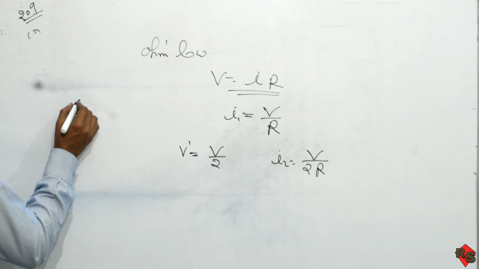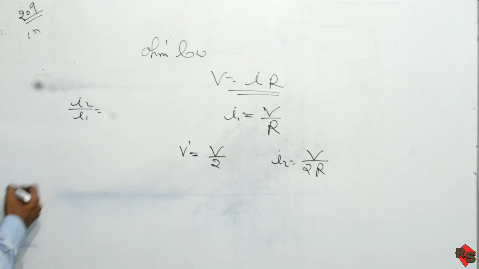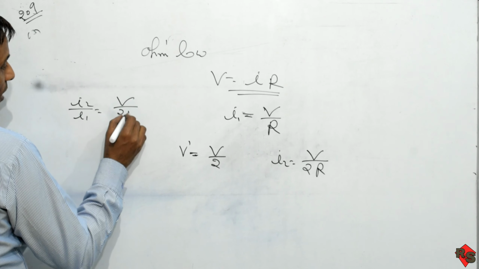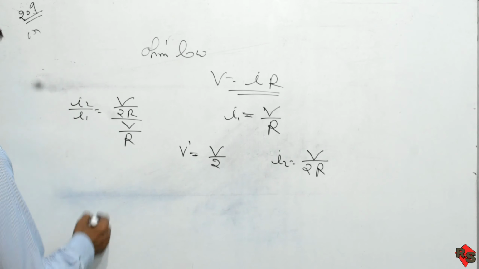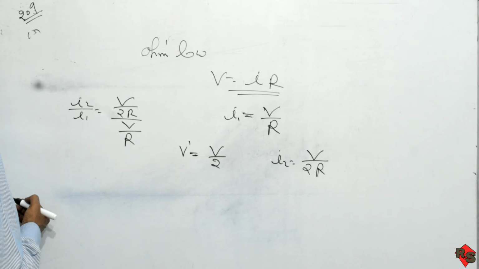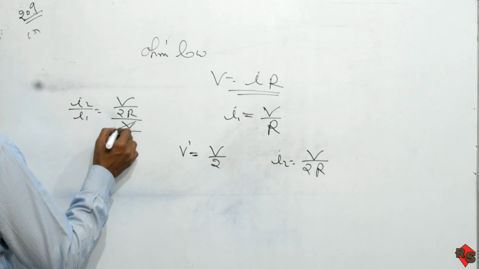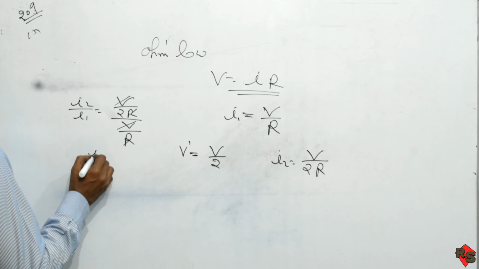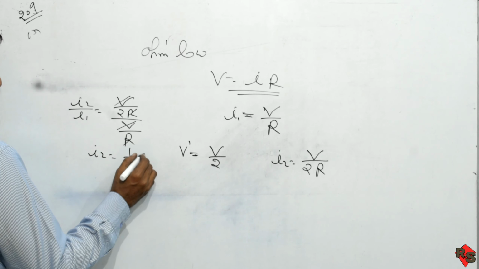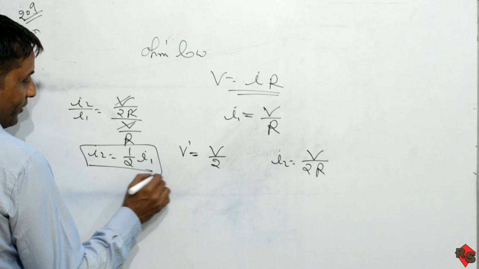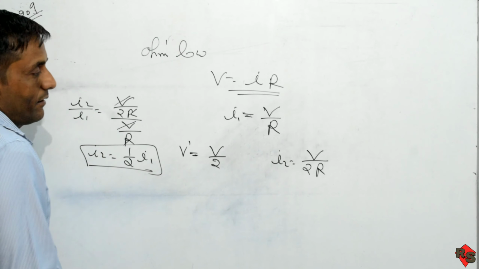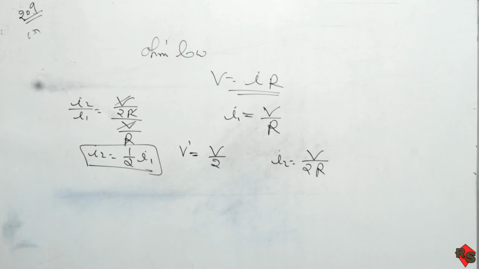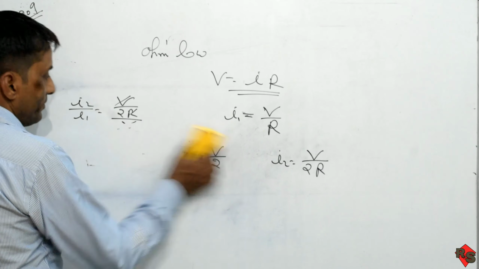I2 upon I1 is V upon 2R divided by V upon R. V and R cancel, so I2 is equal to half of I1. If the potential is half, then the current is also half. Clear question? Move to the next question.